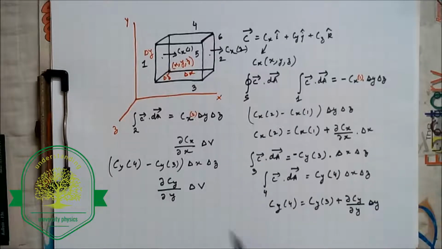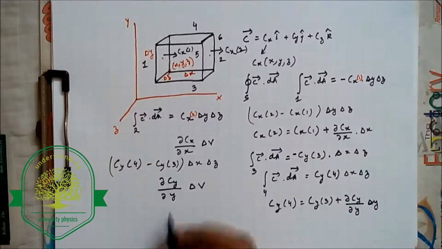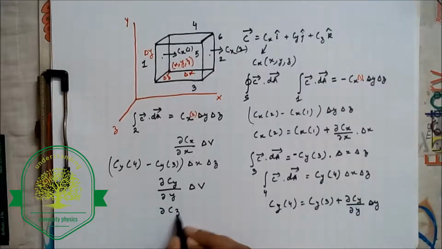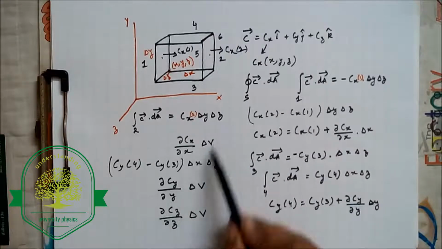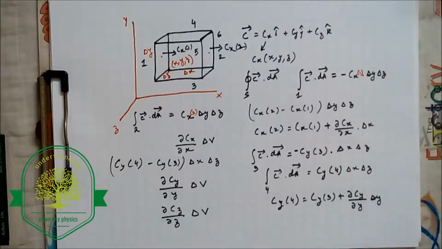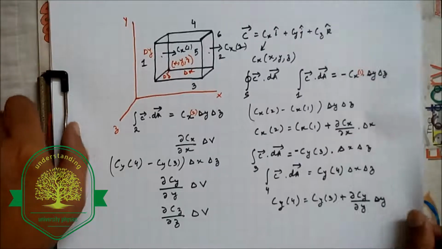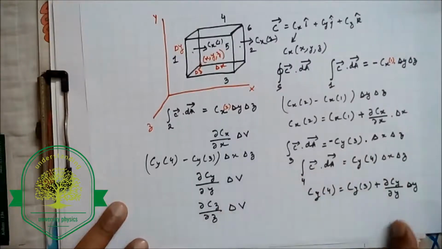And similarly for the fifth and sixth surfaces, I'll get partial of cz with respect to z times delta v. So the surface integral will amount to the sum of these three terms. If I add them all up, what I get is the sum of these three terms.